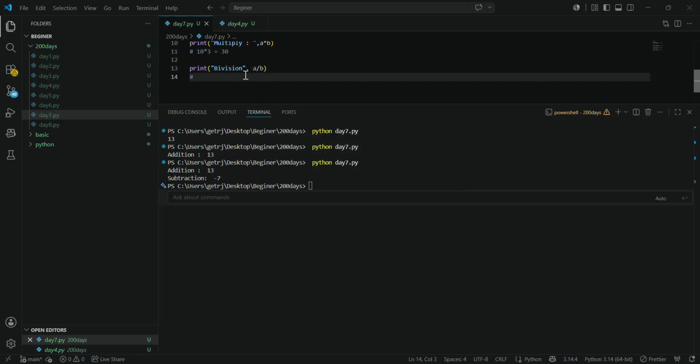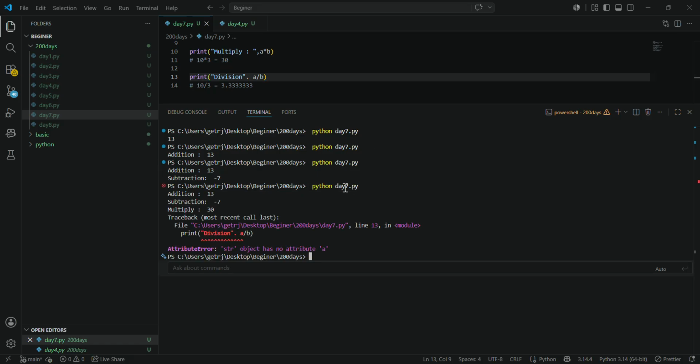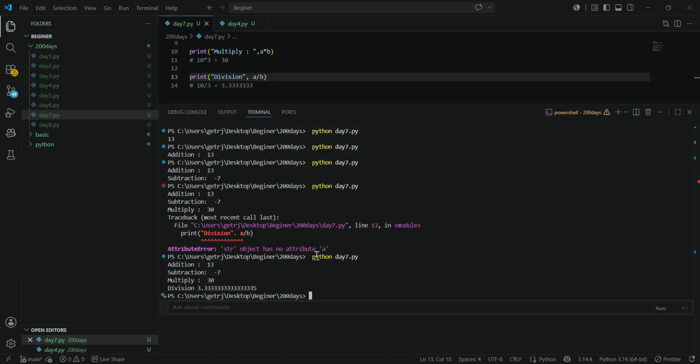Now we check 10 by 3, and the result is 3.33333, basically repeating. Division gives us how many times 3 goes into 10, so the answer is a decimal value, like 3.3333 and so on.